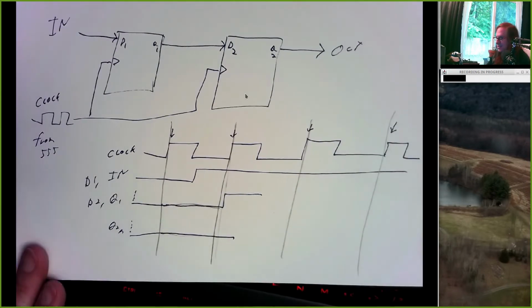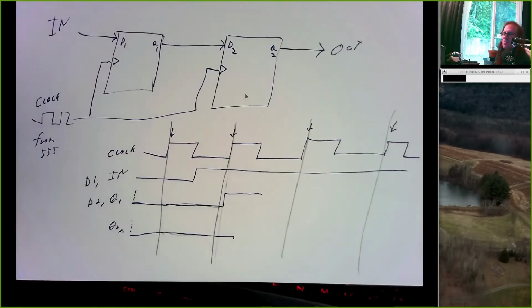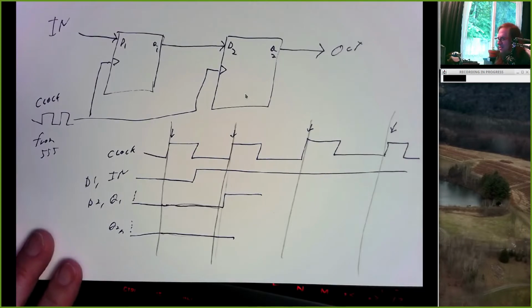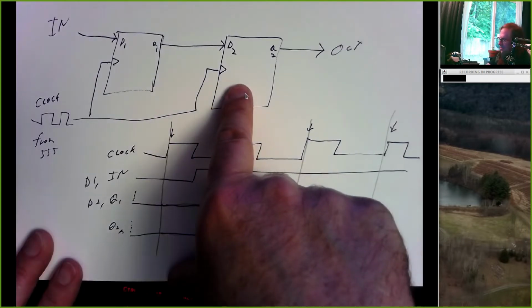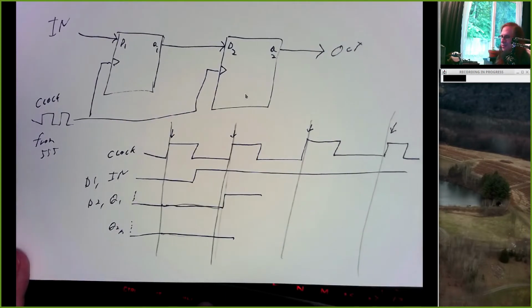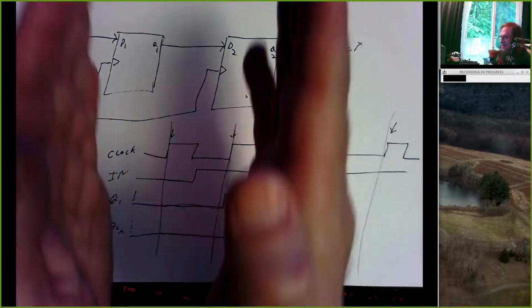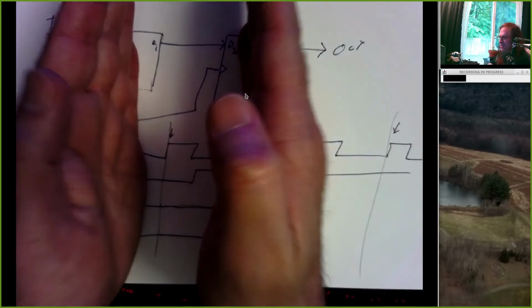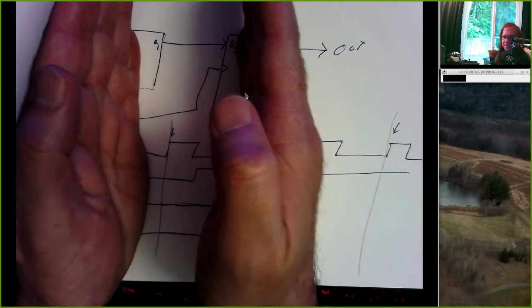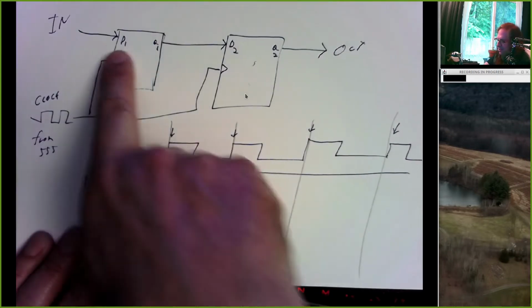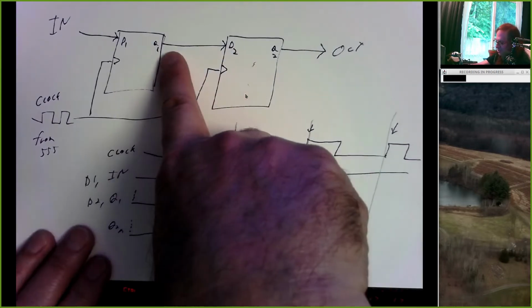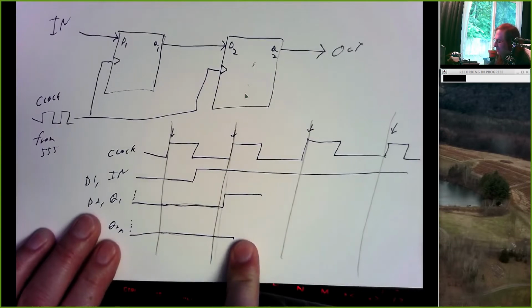And the magic of this is, both of these things do the same thing at the same time. If we analyze it sequentially, let's see what this does, and let's see what that does, we might think that they both change simultaneously, but at the same moment, that same clock tick that they're both seeing simultaneously, this input is a 1, this input is a 0. So Q1 goes high, Q2 stays low.